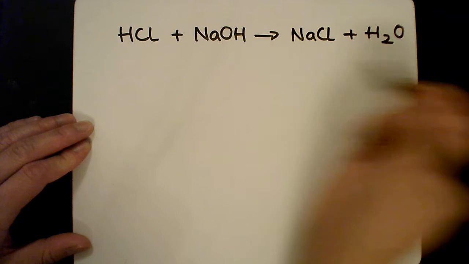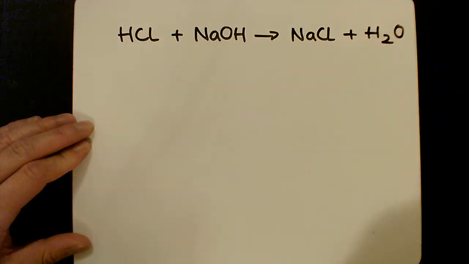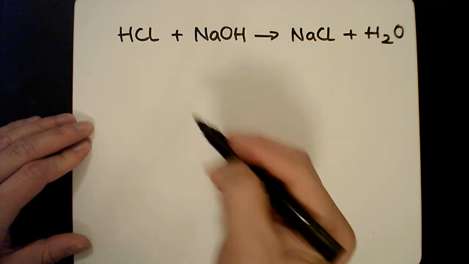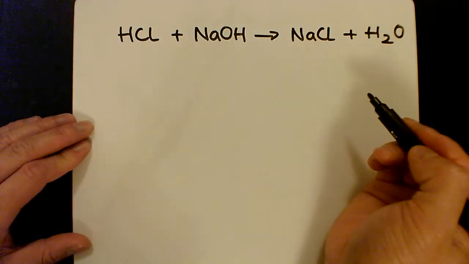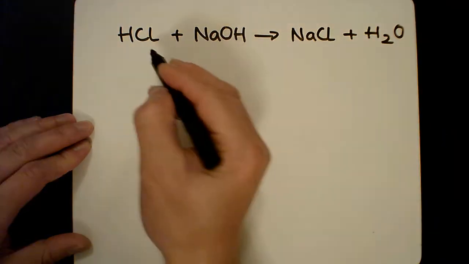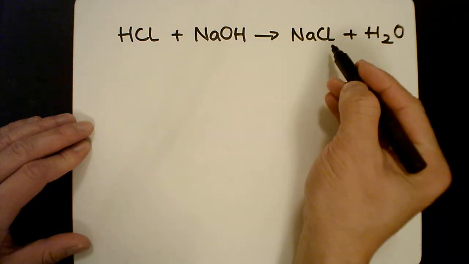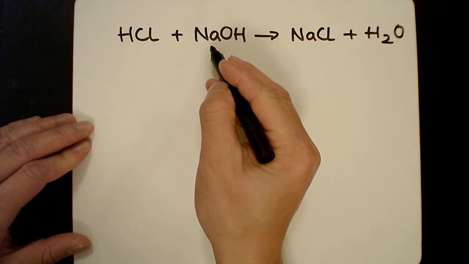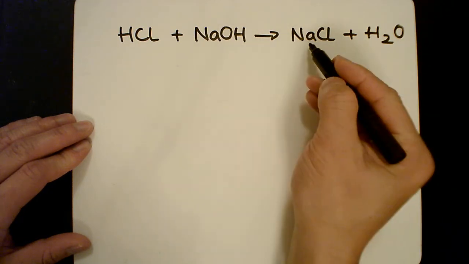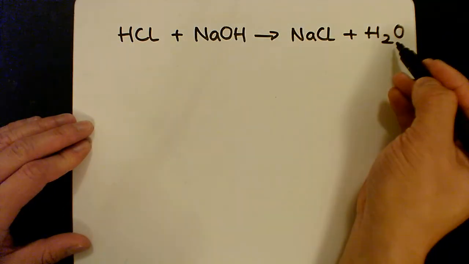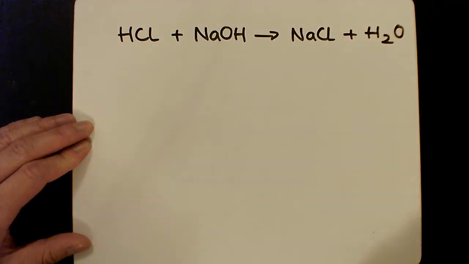Okay, so this equation is already balanced because we can see that there's two hydrogens on the left hand side and two hydrogens on the right hand side. One Cl on the left and one Cl on the right. One Na on the left, one Na on the right, and one oxygen on the left and one oxygen on the right. So this is already balanced.